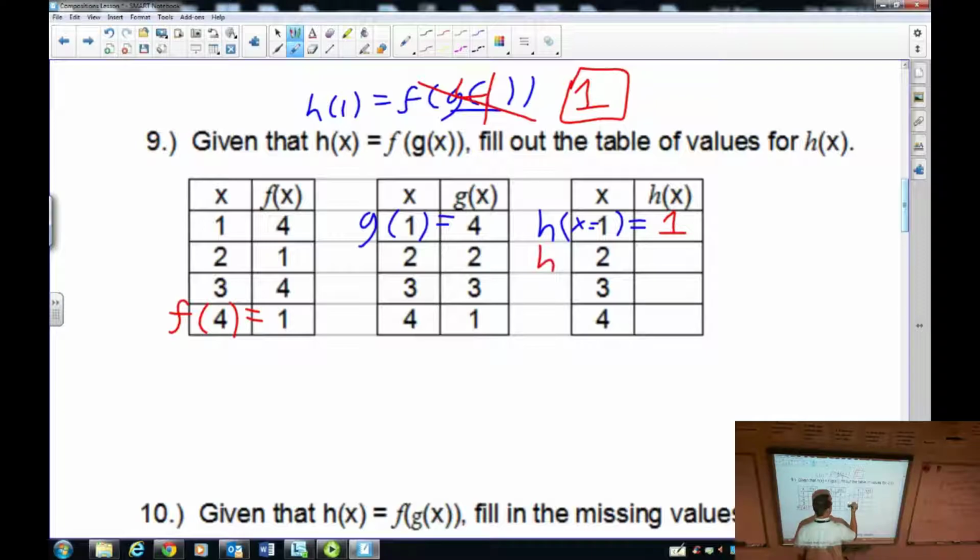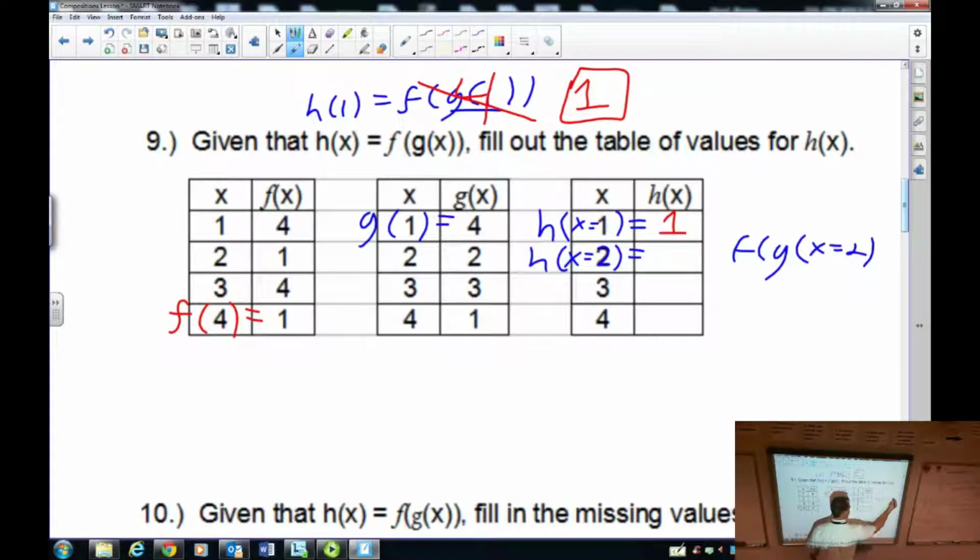So then h of x equals 2 is going to be equal to f of g of 2, because we're doing x equals 2 right now because of h of 2 right there.